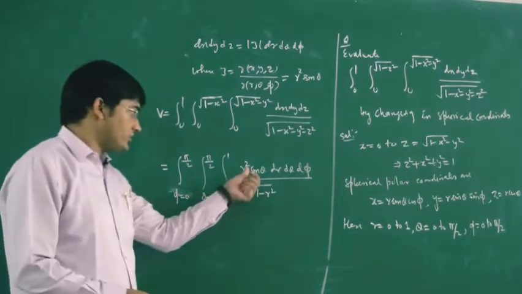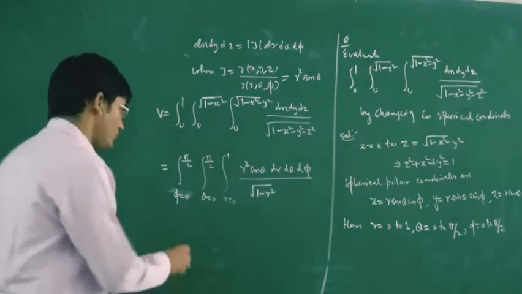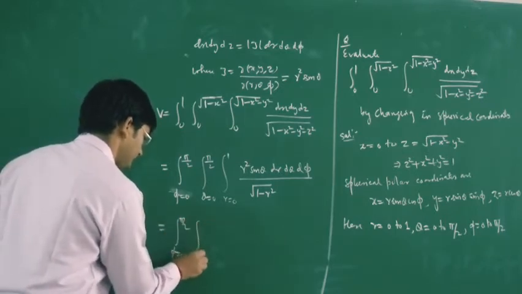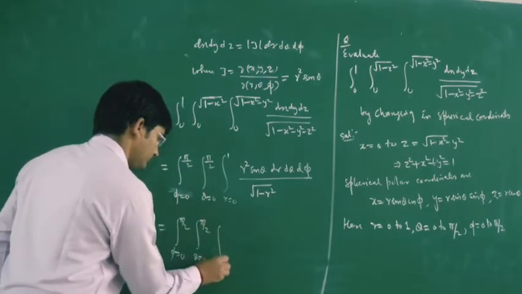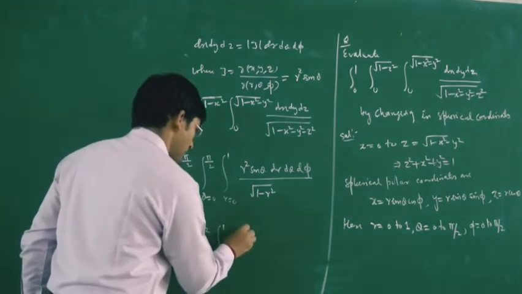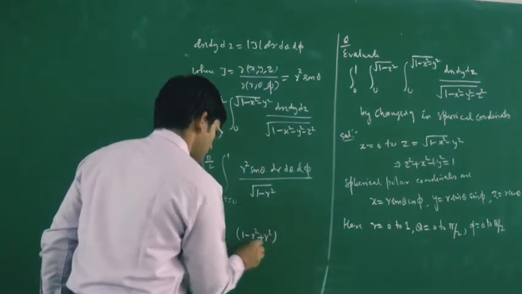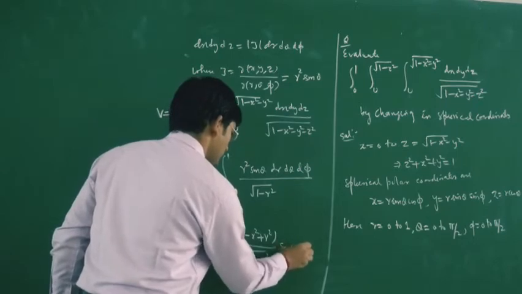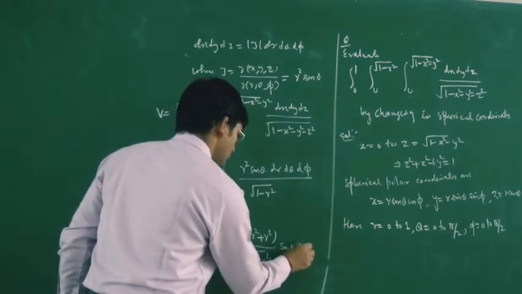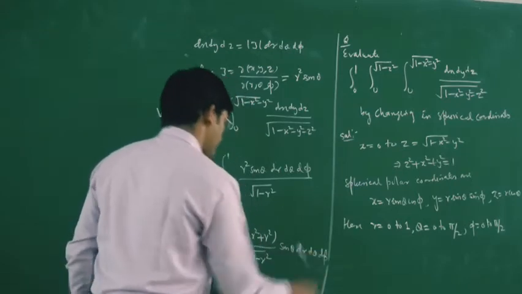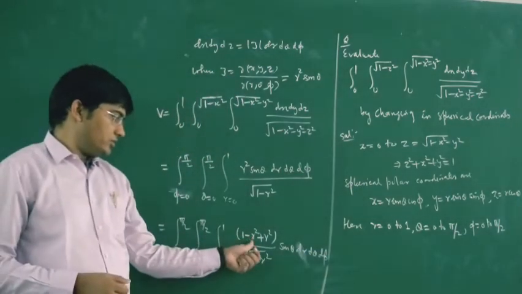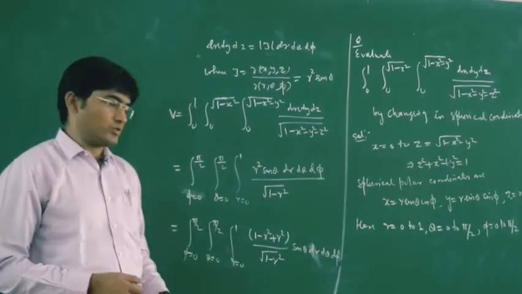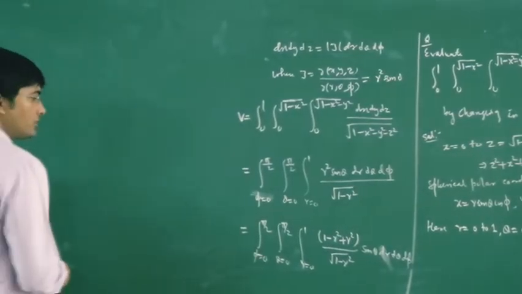Now let us integrate this first with respect to r. We can write it as 1 minus r square plus r square divided by square root of 1 minus r square, then sin theta d theta. Now you can see that this is the square root of 1 minus r square, and this will be r square upon under root 1 minus r square.